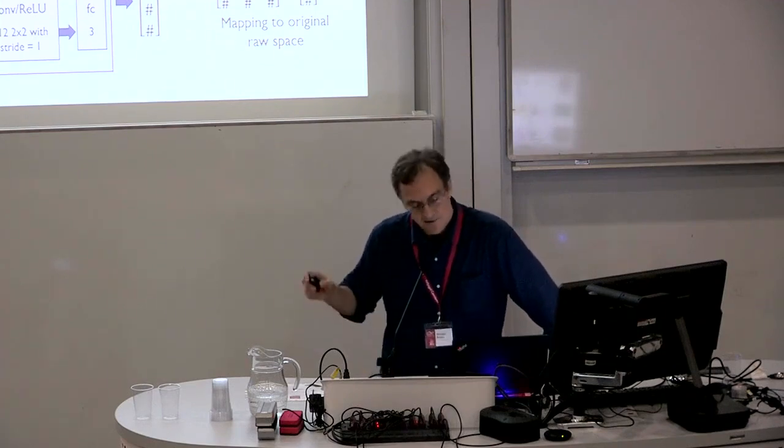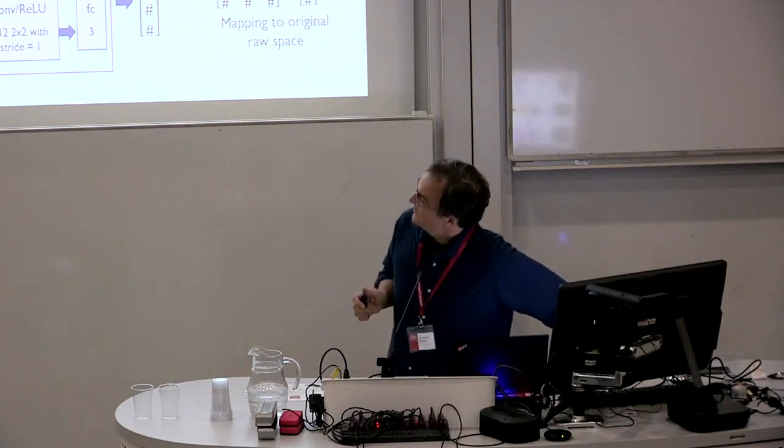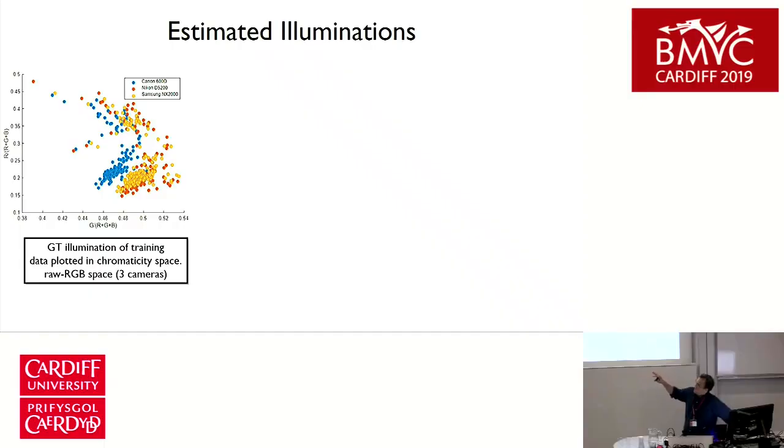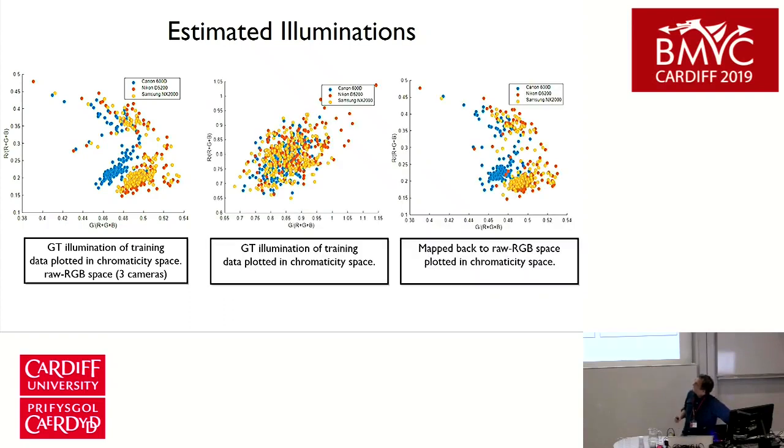Yeah, so I have this slide that I didn't put in here because I thought it was too confusing, but it's somewhat like what you're asking. This is showing you what we call a chromaticity space. These are the different sensors, 3 of them, and this is what the space looks like after you apply the mapping. So it does bring it into a new space.